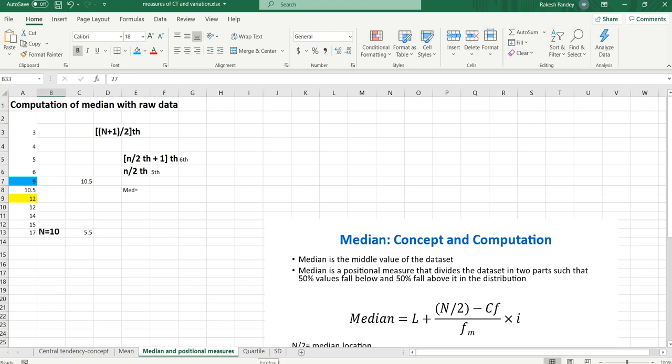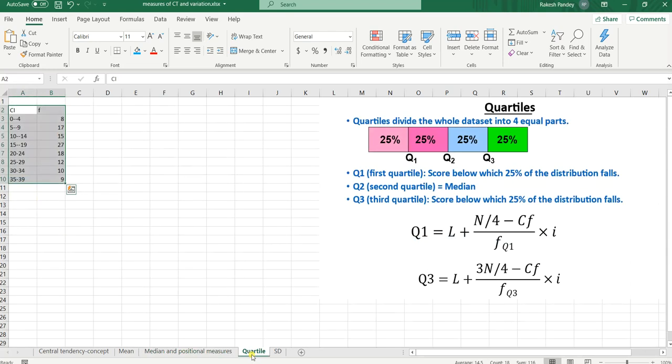Quartile is another positional measure. Median is one positional measure, quartile is another positional measure, decile, percentile. There are several positional measures, and taken together all such positional measures are called quantiles. But in your syllabus, you also need to learn quartile for computing quartile deviation.